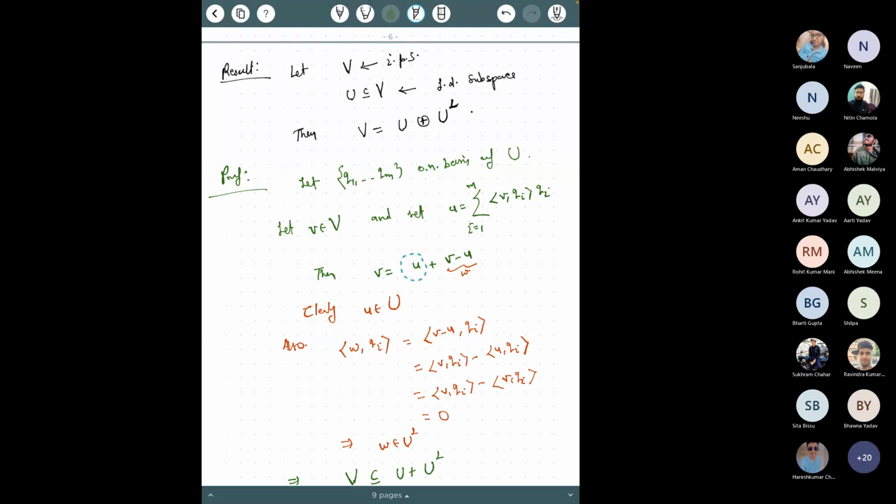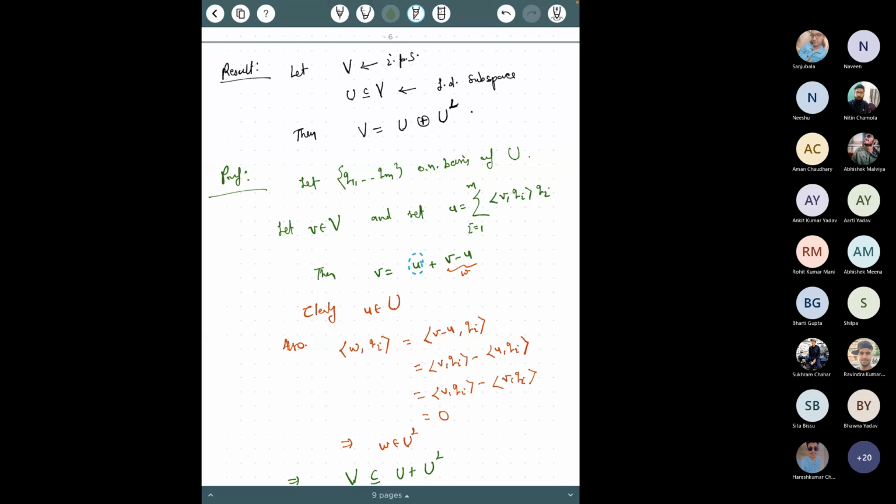Every vector V can be written as U plus W. If you send every vector V to this U, then it gives you a projection. It defines a projection on this inner product space, and this projection is actually an orthogonal projection. This is the example I'm giving you here. So suppose that we have an inner product space and a finite dimensional subspace U. It is a general example.